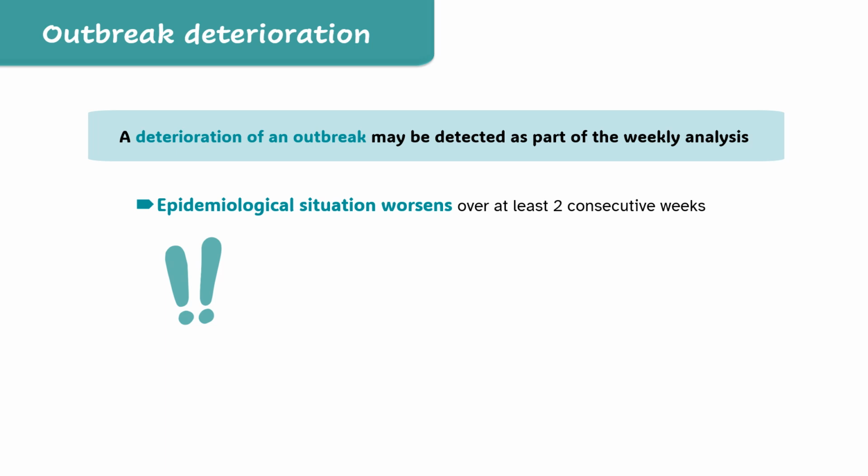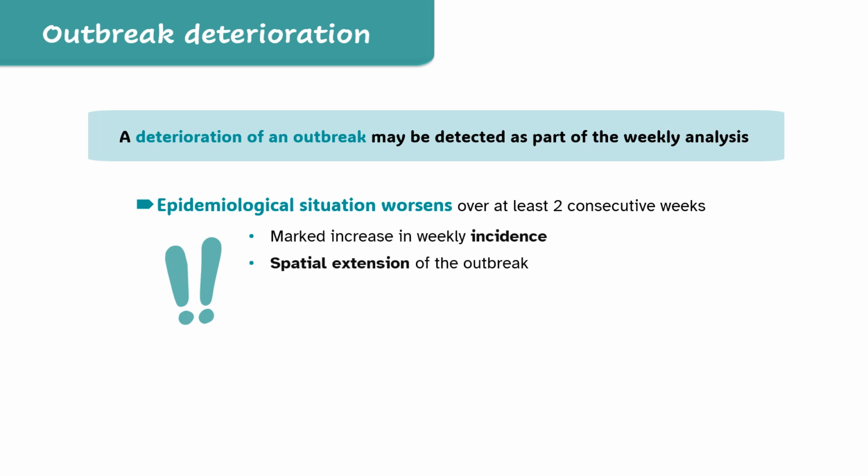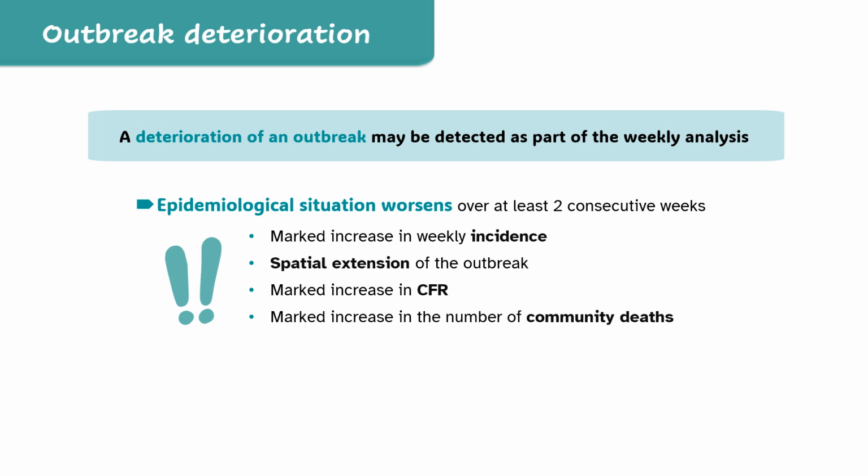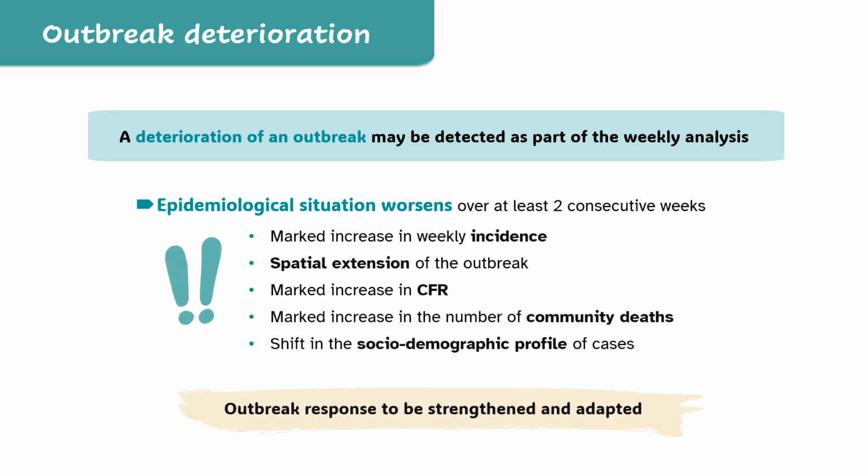For example, this may be a marked increase in weekly incidence, a spatial extension of the outbreak, a marked increase in the CFR, a marked increase in the number of community deaths, or a shift in the socio-demographic profile of cases. A deterioration indicates that response activities are not sufficiently effective. This should be investigated as a warning that the response may have to be strengthened and adapted.